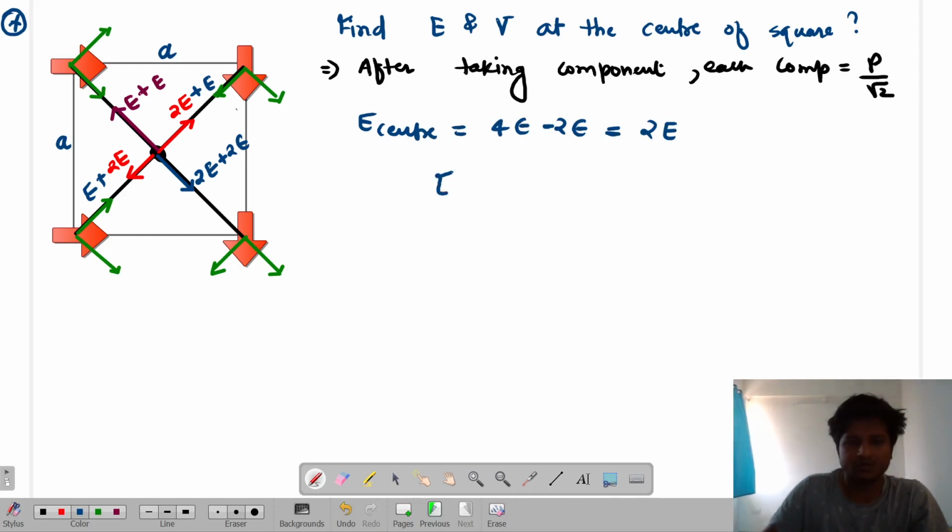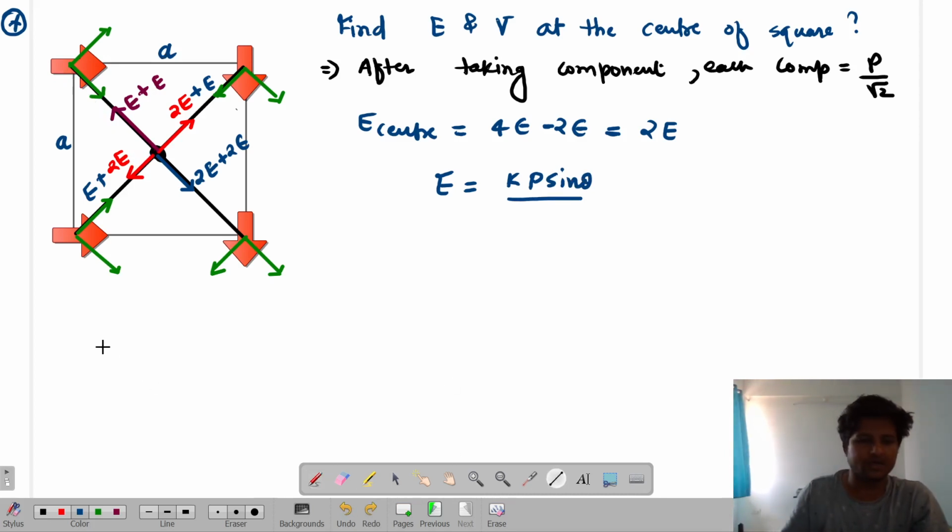And then E will be how much? E is simple. If I am considering E, E was Kp sin theta by r cube. Now, if this is A, this is A, what is this distance from one of the vertices? I can just calculate it now. If this is A, this is A, so total diagonal is how much? Look carefully.